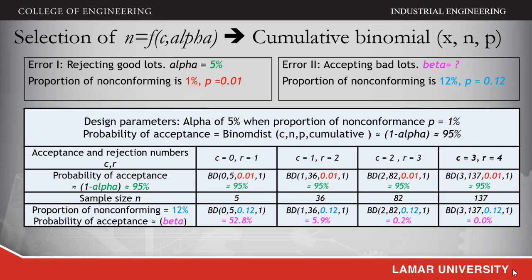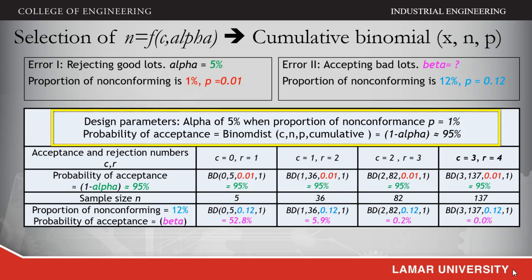That's the beta error, and of course it's an undesirable situation to receive into the production line lots that will affect our process. That's associated with beta, or error 2. Error 1 is when we reject lots that we should not have rejected, given that they came with the accepted level of quality.